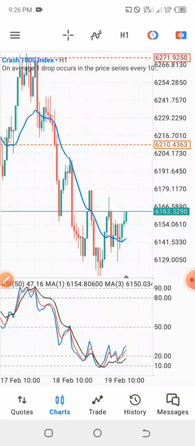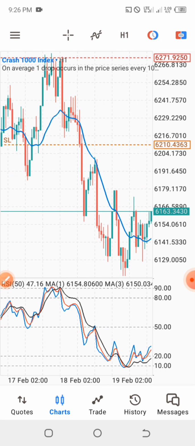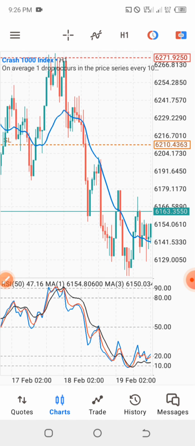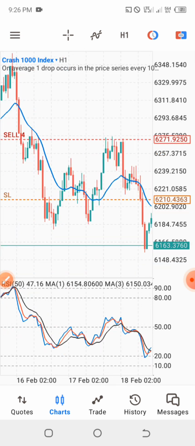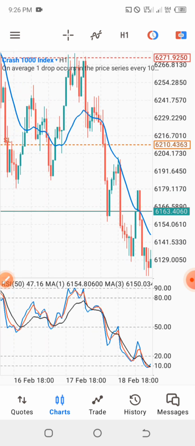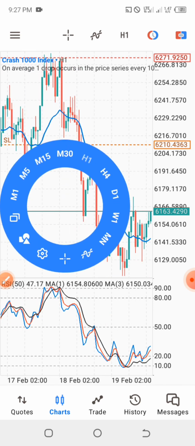Now maybe I want to use a clean explanation with the strategy. This is what you need to note: whenever I want to use the strategy, first you choose your higher time frame. When you choose your higher time frame, you need to see your expectation. Now these are the expectations that we need to see.